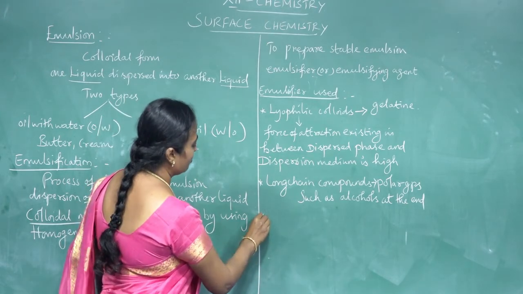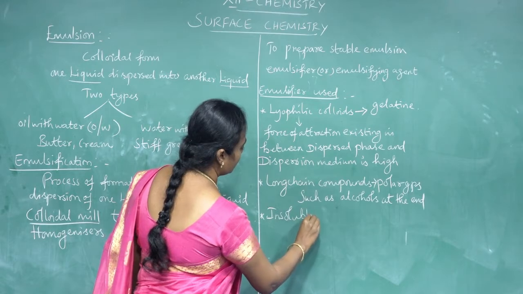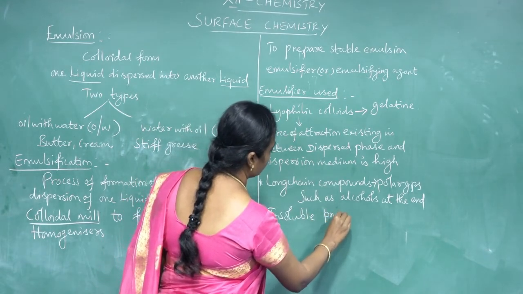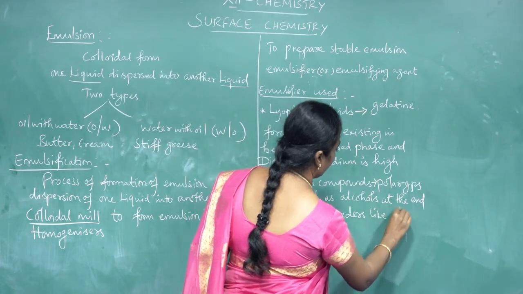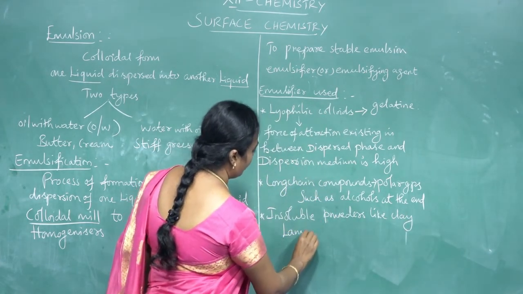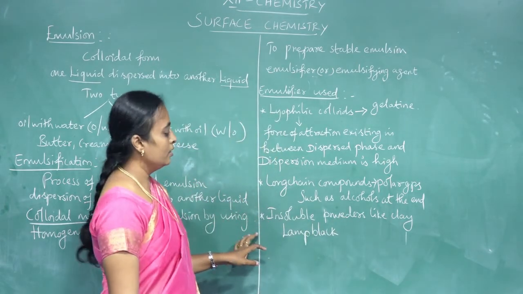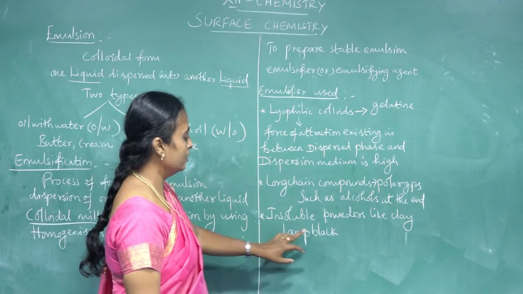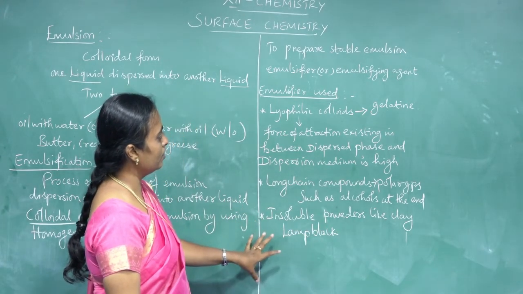And the third one, insoluble powders like clay and lampblack, could be used as a good emulsifier.